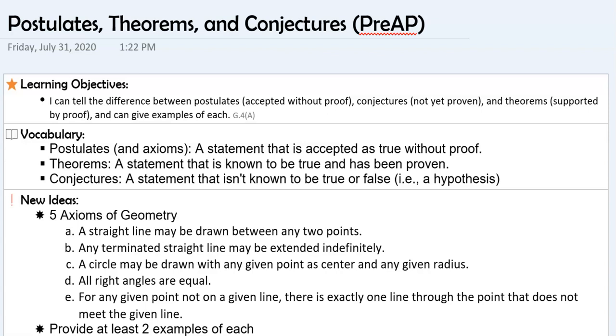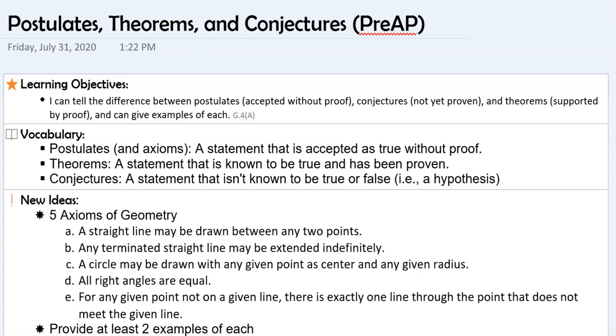One of the most common examples that you've been using for years is the Pythagorean theorem. Pythagoras, back in ancient Greece, had to prove that his theorem was true before other mathematicians could accept it and use it. Now, once something has been proven, you are able to use it as a fact, and it can be used to prove other things.